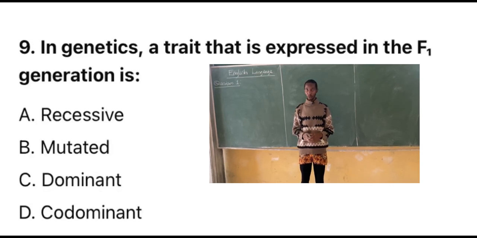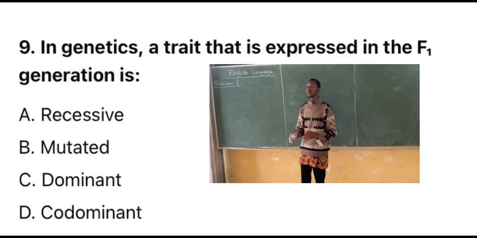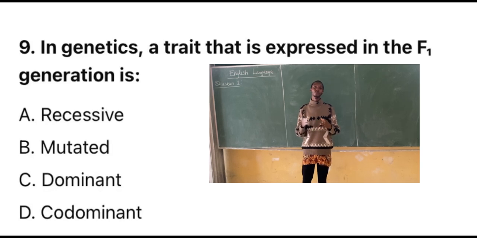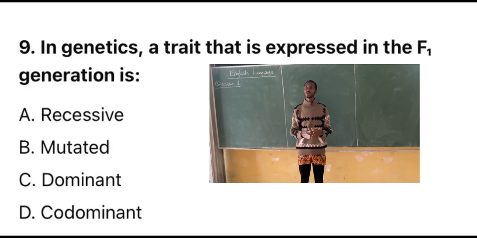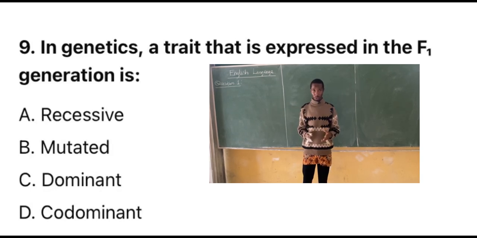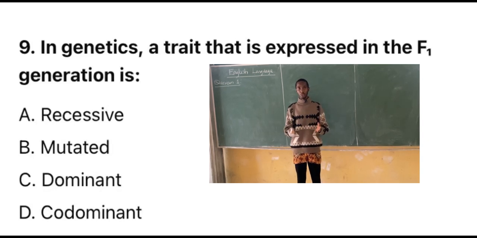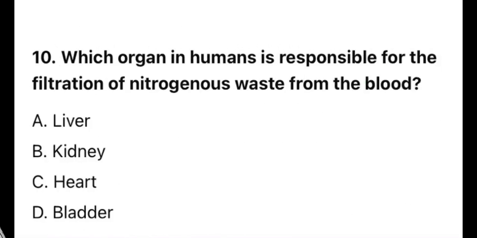The correct answer is option C, dominant, because a dominant trait is expressed even if only one allele is present. It shows up in the F1 generation.